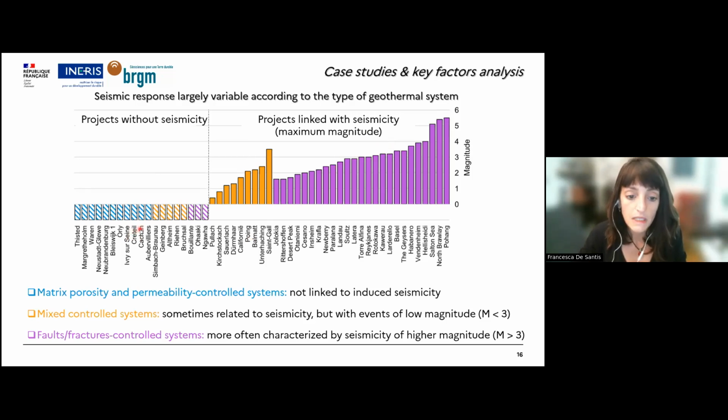Then mixed controlled systems, the ones in yellow and orange, can sometimes be related to seismicity, but this seismicity remains of low magnitude, generally smaller than 3 if we exclude the St. Gallen case, which is a particular case. And then on the other side, we observe that fault and fracture controlled systems are more often characterized by seismicity, which can be of higher magnitude, so larger than 3.